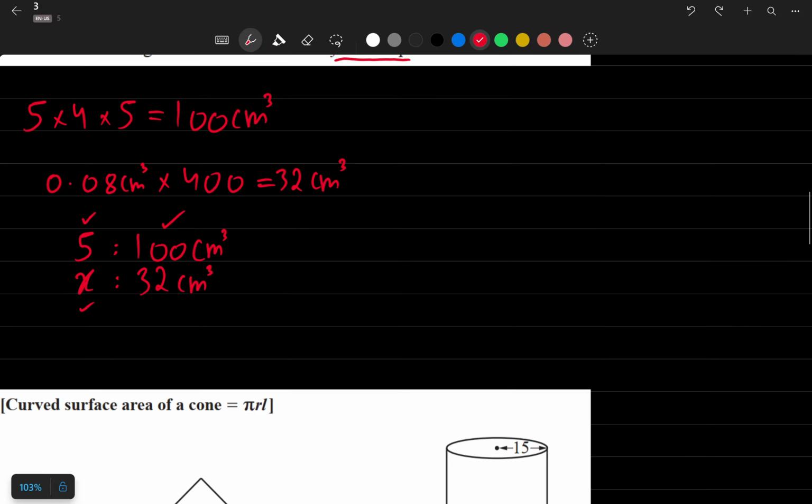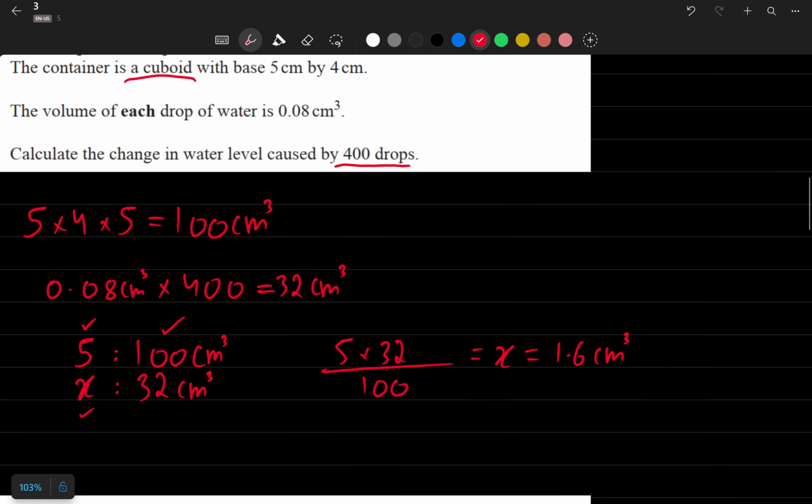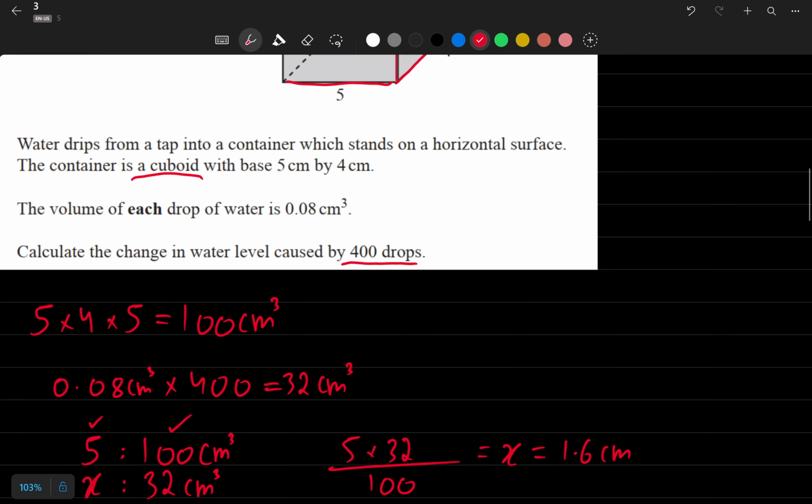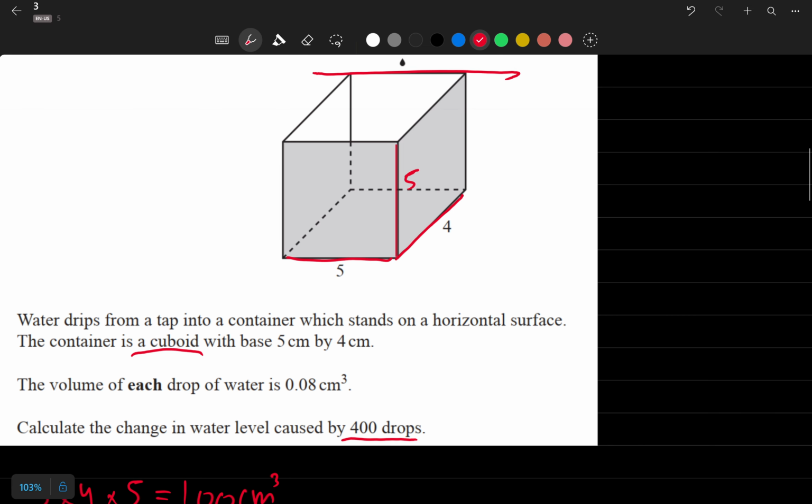Now just cross multiply: 5 into 32 divided by 100 is equal to x, which is equal to 1.6. Sorry, not cube, this is 1.6 centimeter, only the height of the water level.